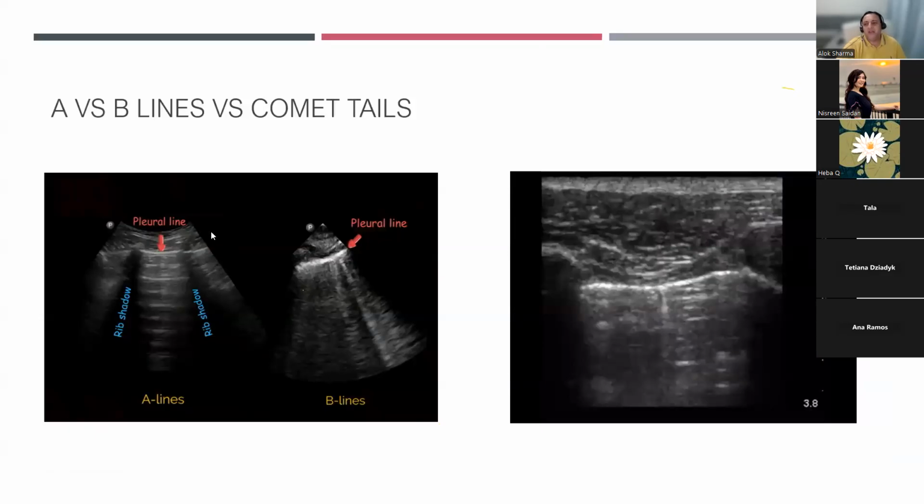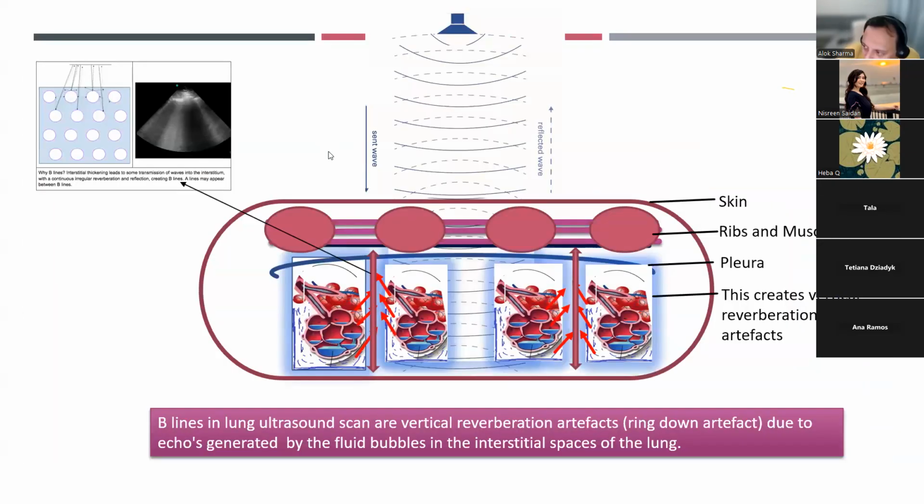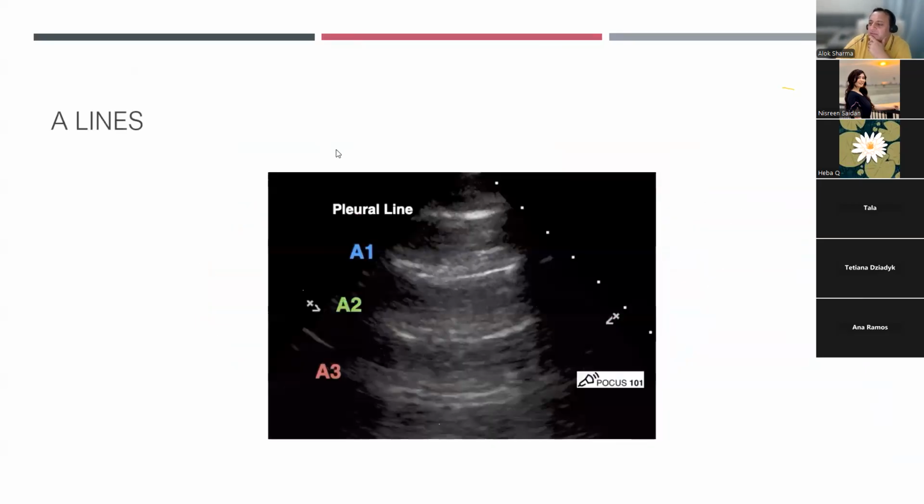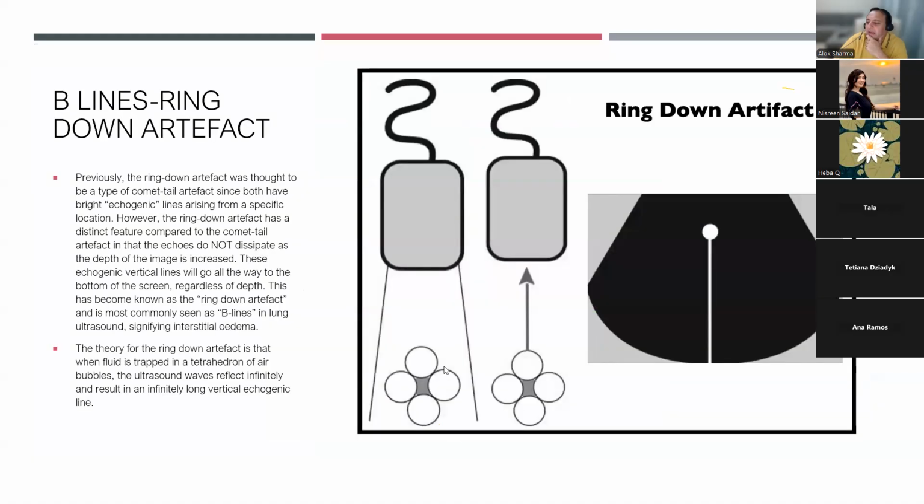Now, you need to know, and I'm going to end by saying, what the difference is between B lines and comet tails. So if, for example, you're in a situation where the fluid accumulates in such a way that you don't have much fluid, you are going to have fewer tetrahedrons.